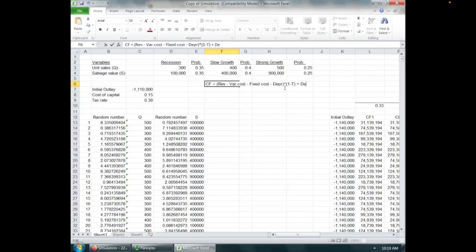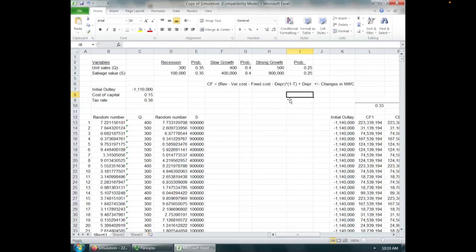You add back depreciation, and you also add or subtract, plus or minus, the changes in working capital, net working capital. Okay, so that's the expression that you need to use to generate the cash flows. So let's see.